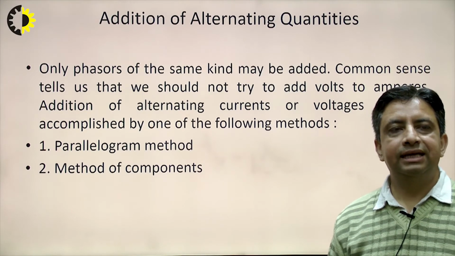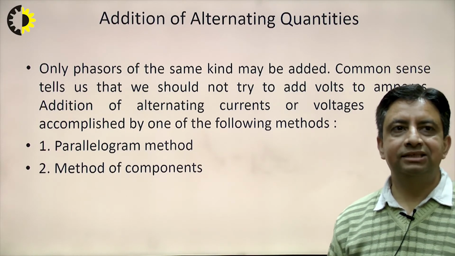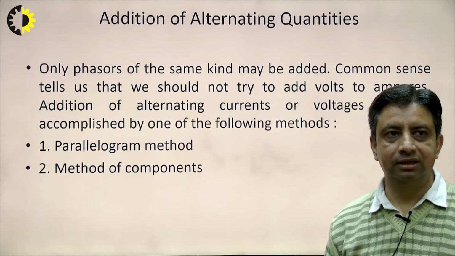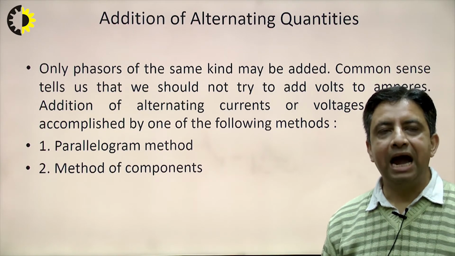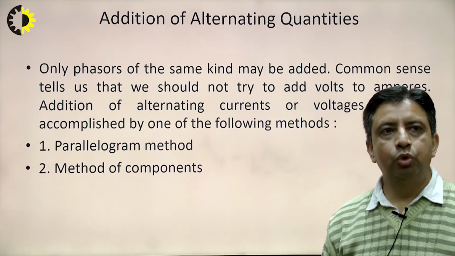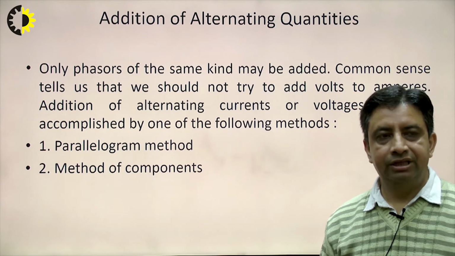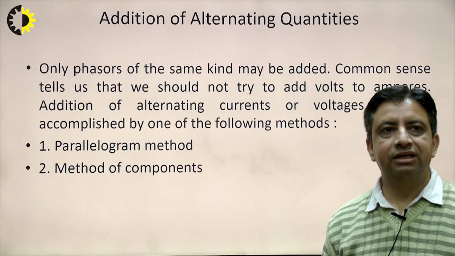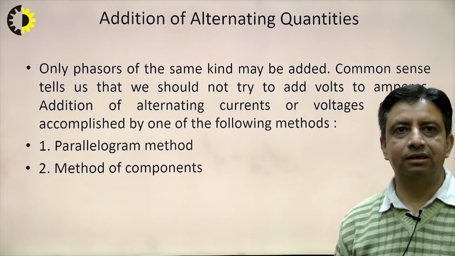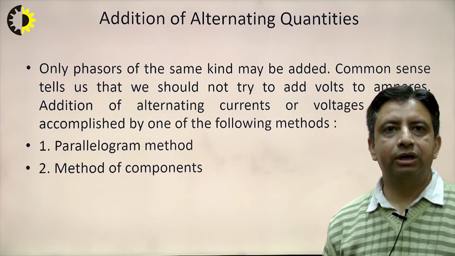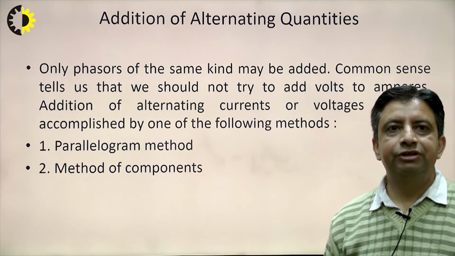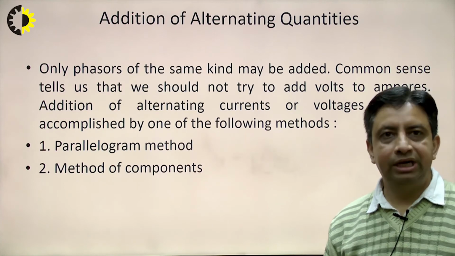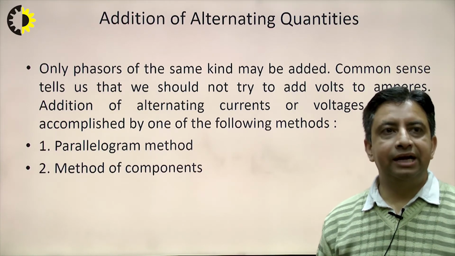Now, the next thing is how to add these alternating quantities. If we want to add, suppose, two voltage phasors or two current phasors, we can use this method. But it is very important, as it is written here, that we should not add a voltage phasor to a current phasor.